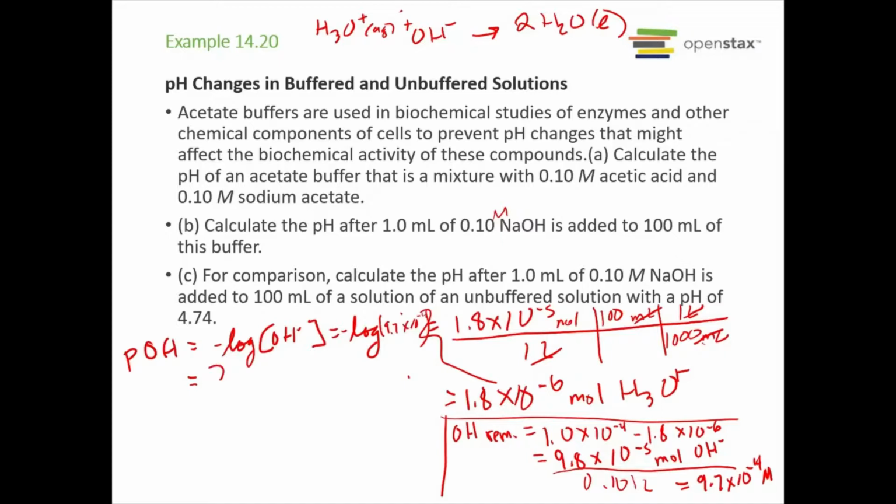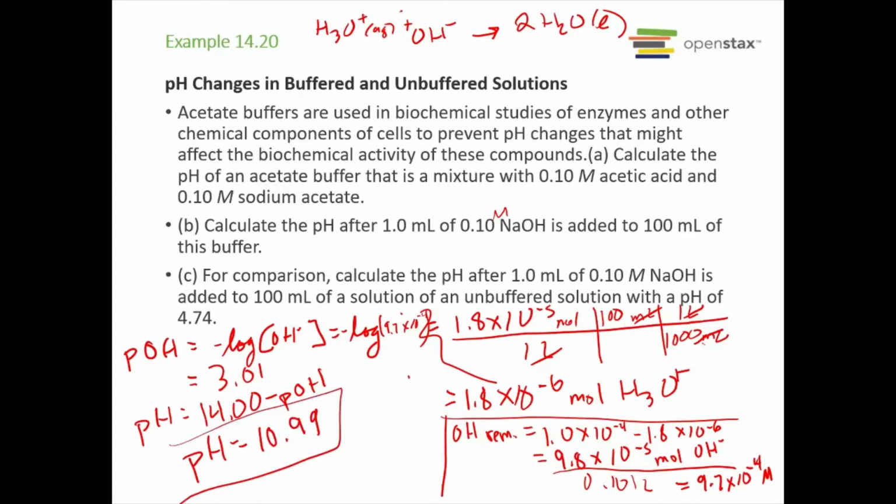So the pOH is 3.01, and pH is equal to 14 minus pOH. And so then we get a pH of 10.98 or 10.99 for part C.